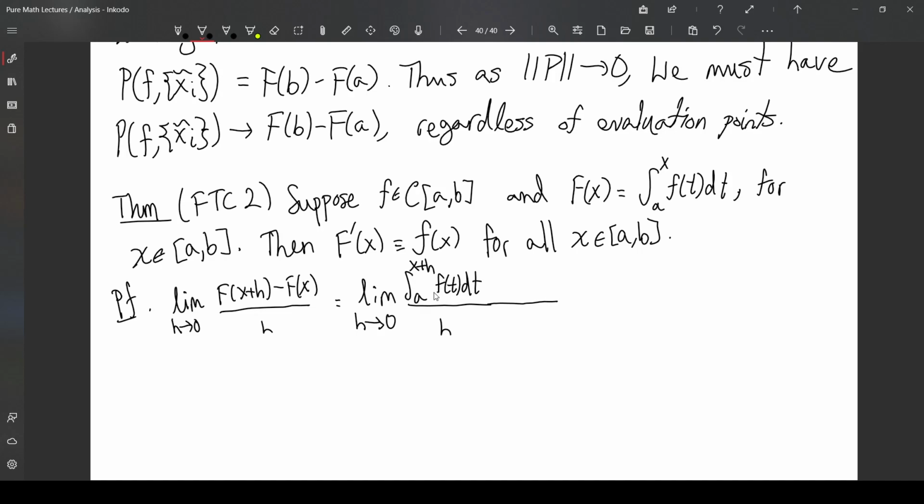So F of x plus h is this integral here, and then F of x is this integral here. And we know from integral rules that this difference of integrals, since we're integrating the same function, is actually going to subtract out the interval from a to x, and what we're going to be left with is the integral from x to x plus h of f of t dt.